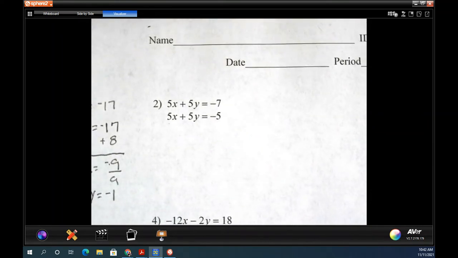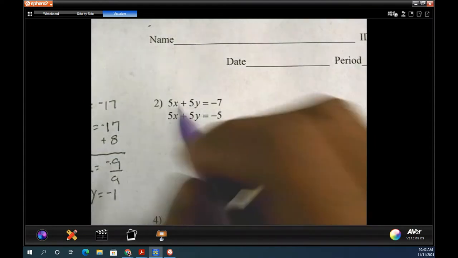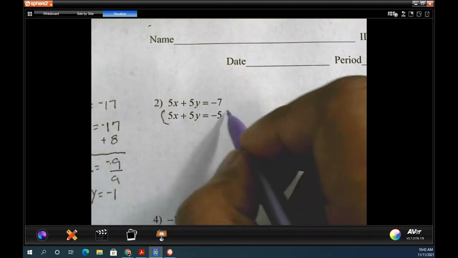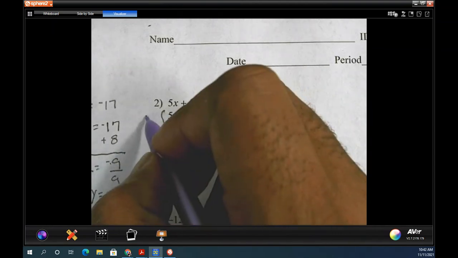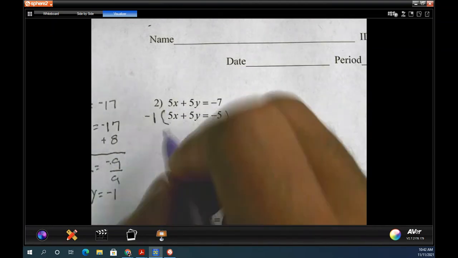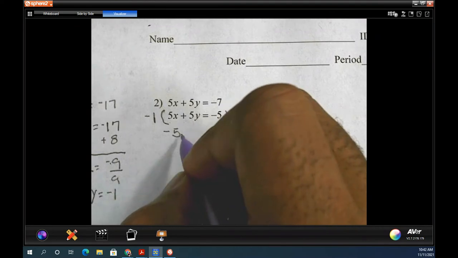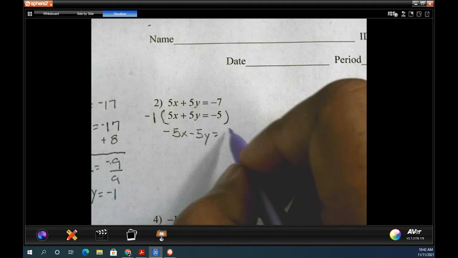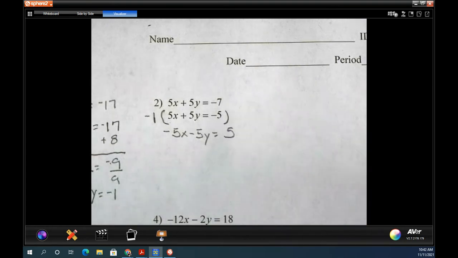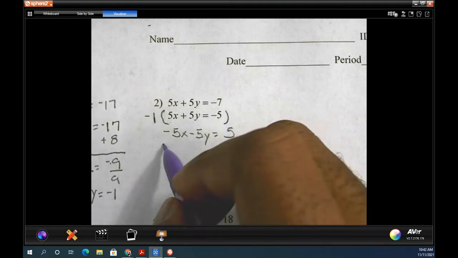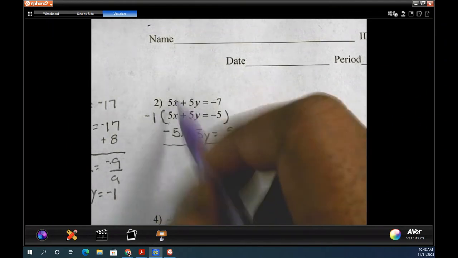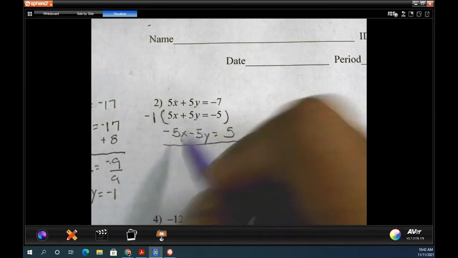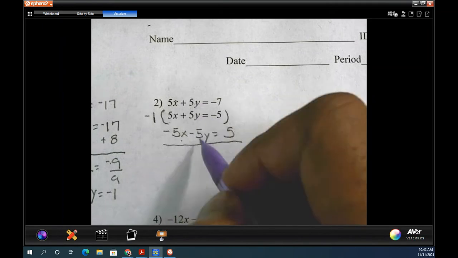All right, let's look at number 2. Uh-oh. We can't eliminate anything. So let's multiply the bottom by negative 1 to change the signs. So this becomes negative 5x minus 5y is equal to 5. 5x minus 5x is 0. 5y minus 5y is 0.